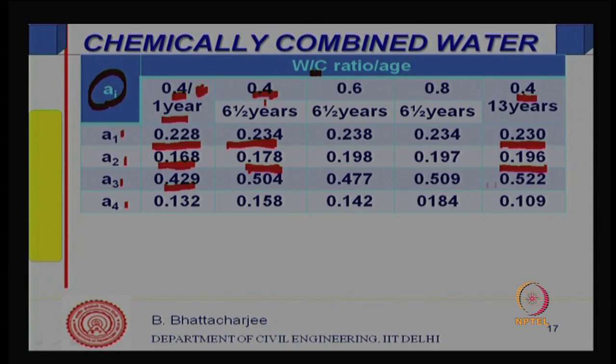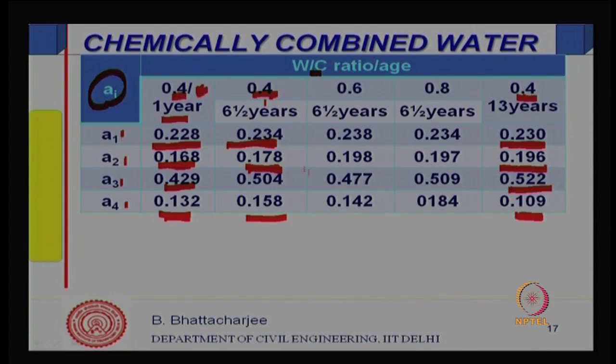Similarly, A3, you can see that in 13 years 0.52 grams of water reacted with 1 gram of C3A, and A4, that is 1 gram of C4AF reacted with 0.132 grams of water in 1 year. In 6.5 years 0.158, and 13 years it was something like this.